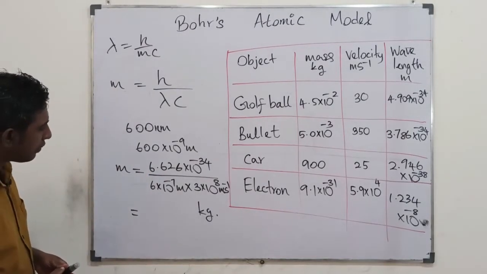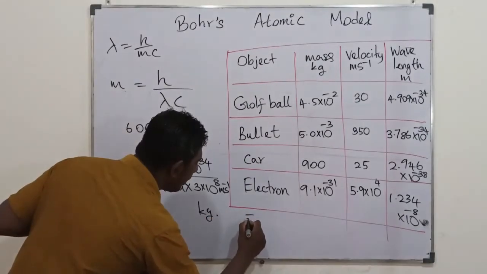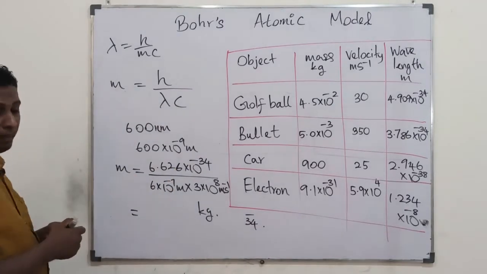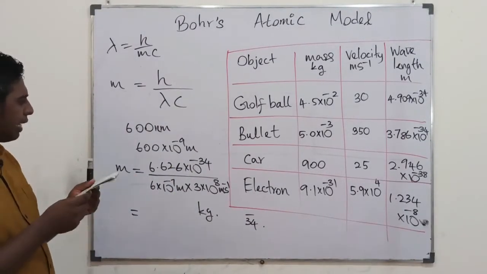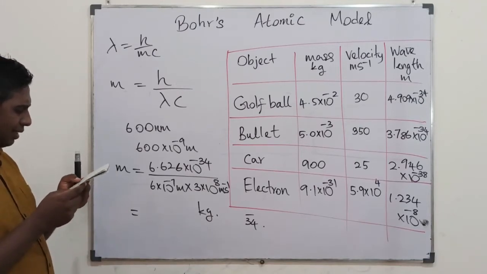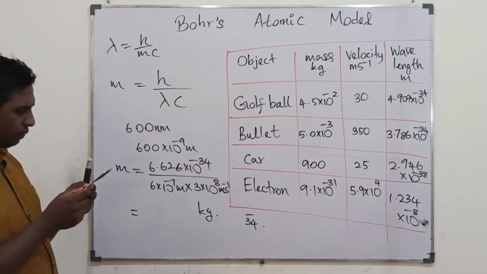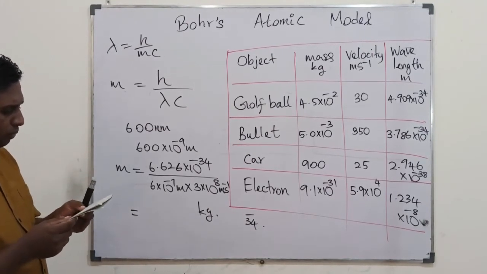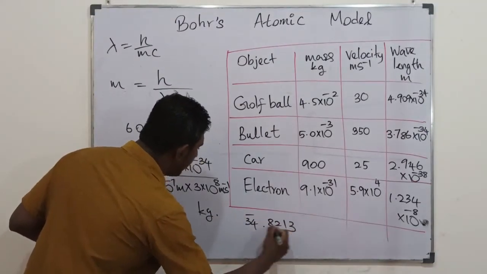So students, I can do that straight away by taking the log. Bar 34 is the Planck's constant value. The log value is there. Then it is 8213.